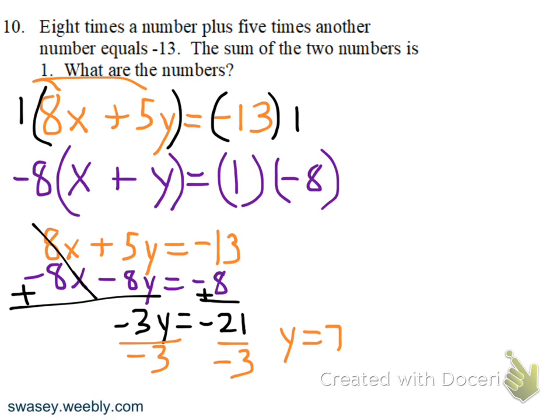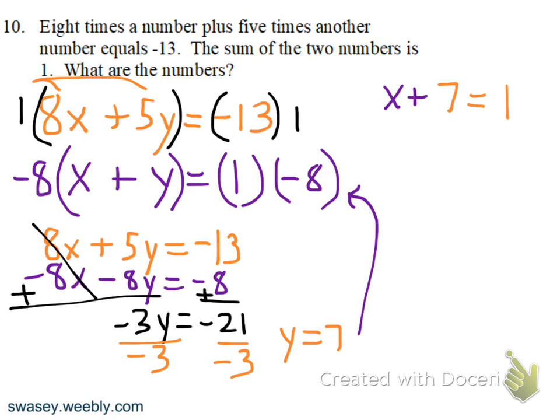Take that value, plug it back in. The second one looks a little simpler. So I'm going to use that second original equation, x plus y, y is 7, equals 1.